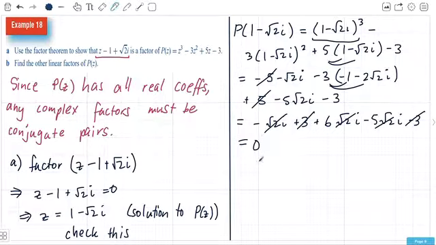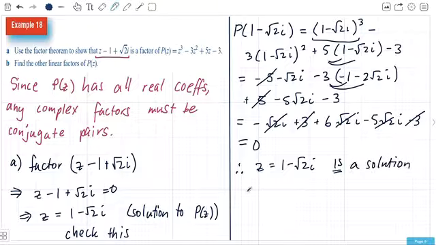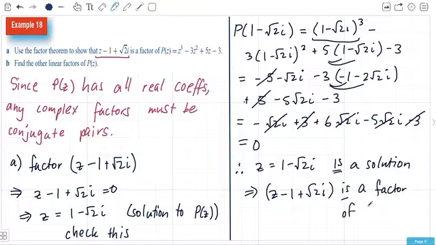Everything cancels, it equals 0. So therefore, we've shown that z equals 1 minus root 2i is a solution, which means that z minus 1 plus root 2i, remember always opposite signs, is a factor of P(z).